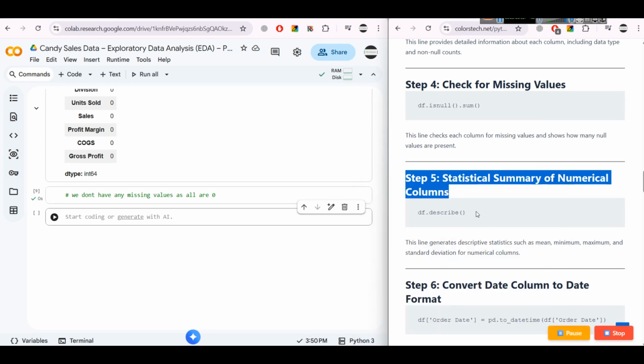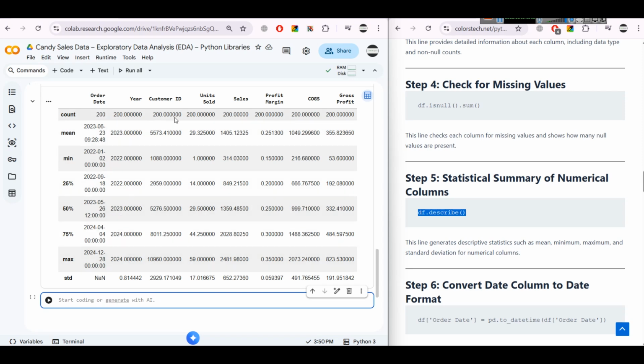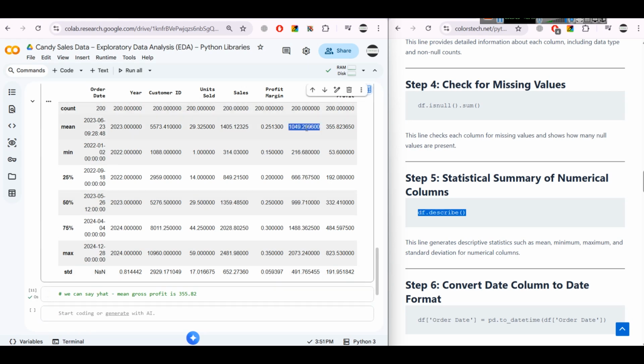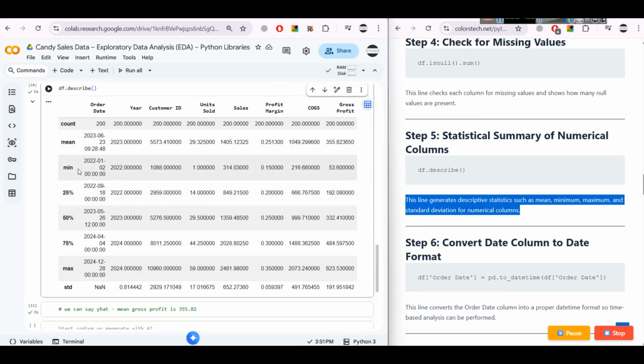Statistical summary of numerical columns. This line generates descriptive statistics such as mean, minimum, maximum, and standard deviation for numerical columns.